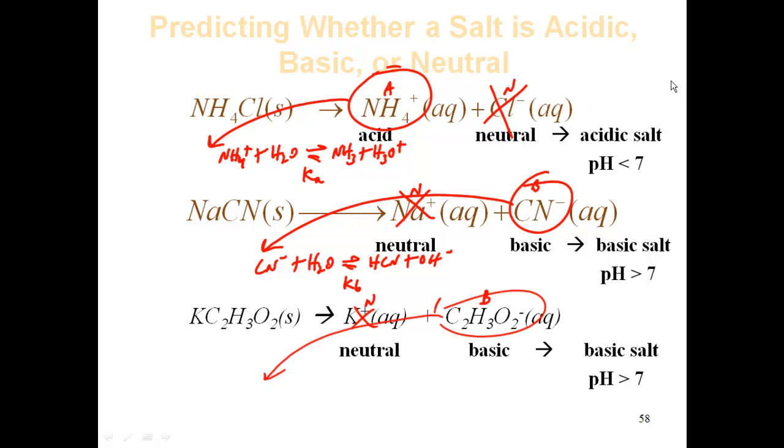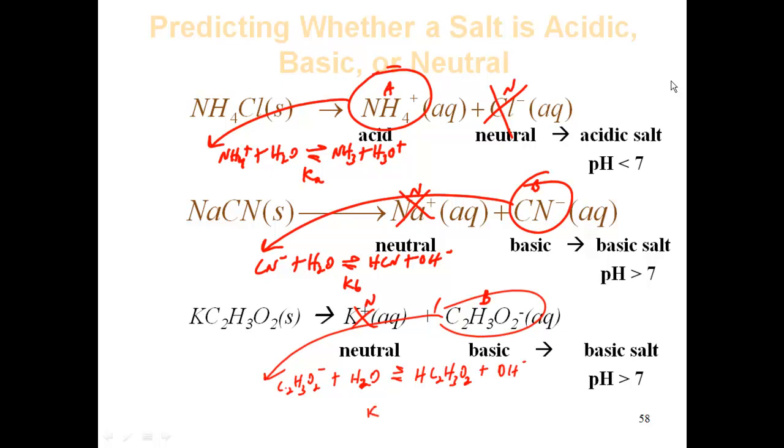So then I'll have my acetate plus water. Okay, my acetate's my base, so it's going to accept the proton, which then gives me acetic acid plus my OH minus. And what would the equilibrium look like?